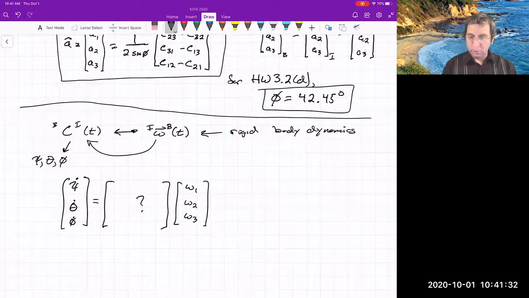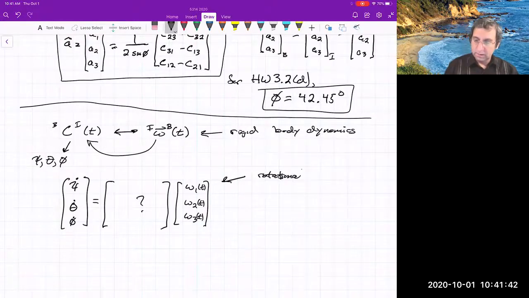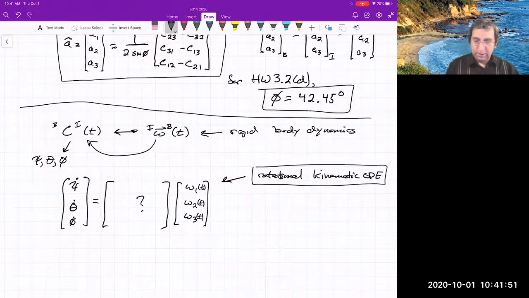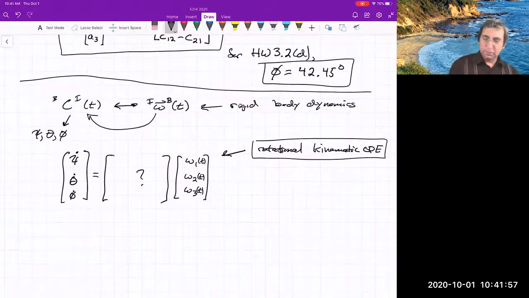These are changing in time, so maybe we'll put parentheses t just to remind us. This thing is called the Rotational Kinematic ODE. And this matrix here that I put a big question mark in, I think we'll have to do that next time.